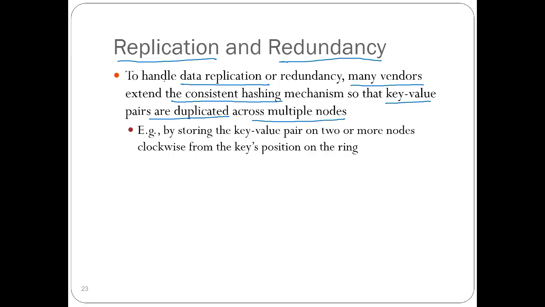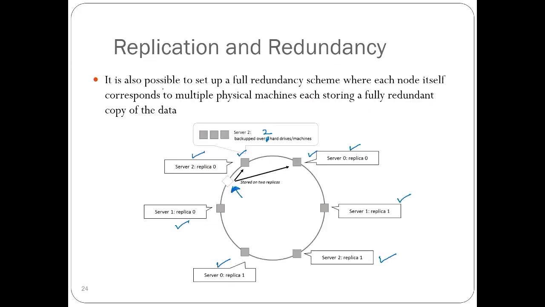So to handle the data replication and redundancy, many vendors, I already read that. Okay. So by storing the key value pair on 2 or more nodes clockwise from the key position on the ring. It is also possible to set up a full redundancy scheme.